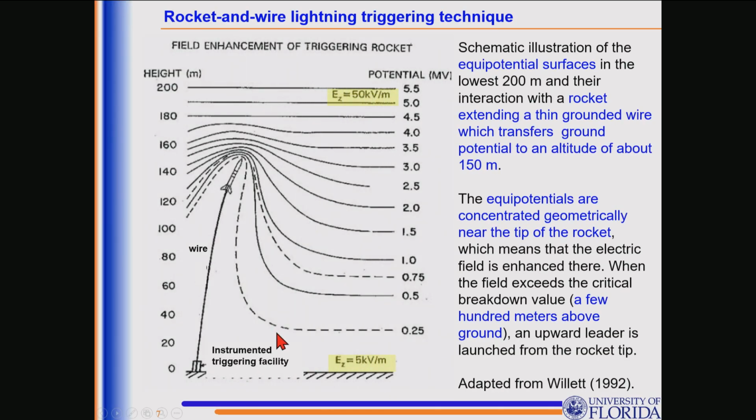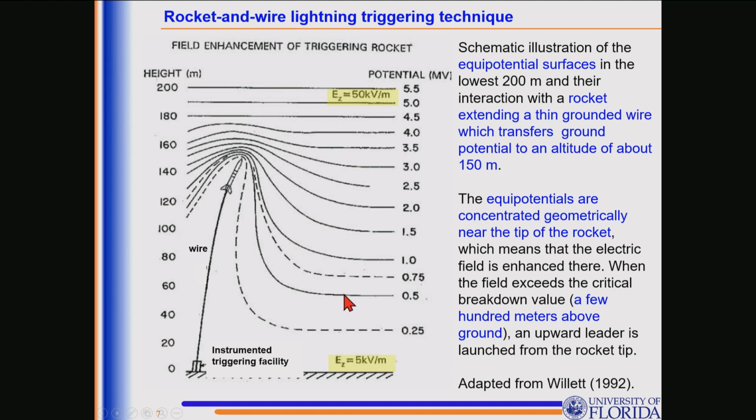Triggering technique. What you see here is the spatial distribution of electric field produced by overhead thundercloud, and two typical values of electric fields at ground level and at a height of about 200 meters are given, 5 kV per meter, 50 kV per meter, and equipotential surfaces.